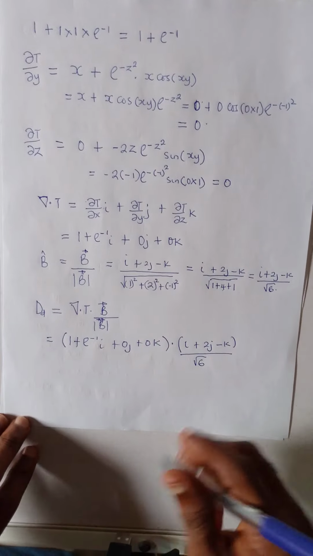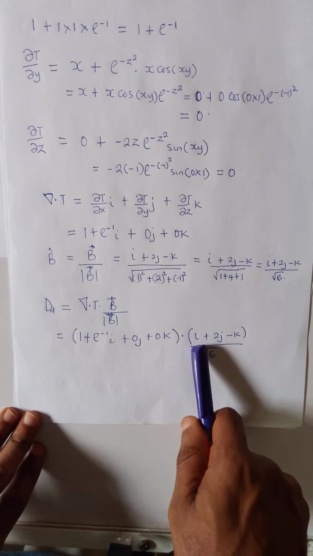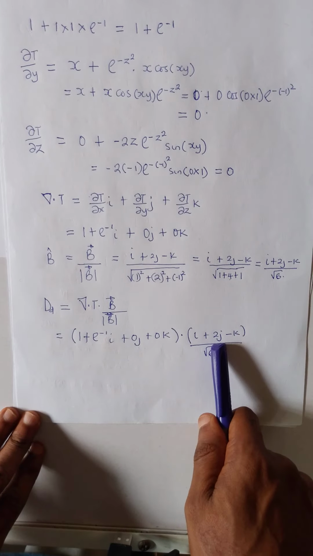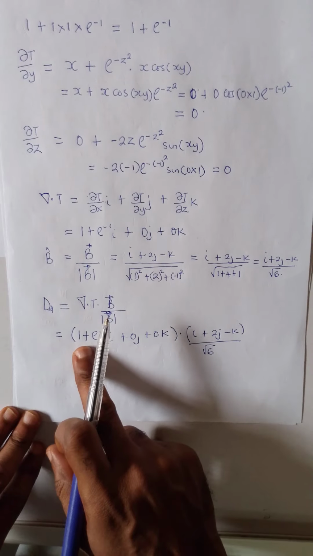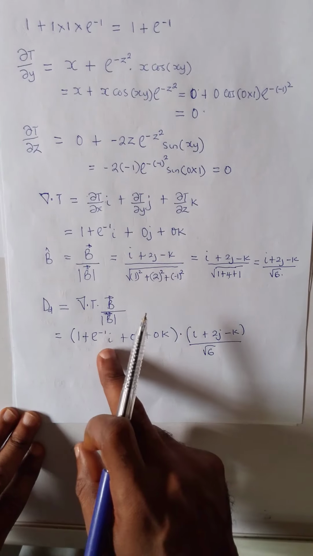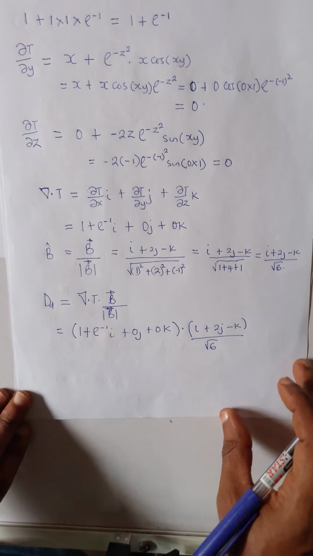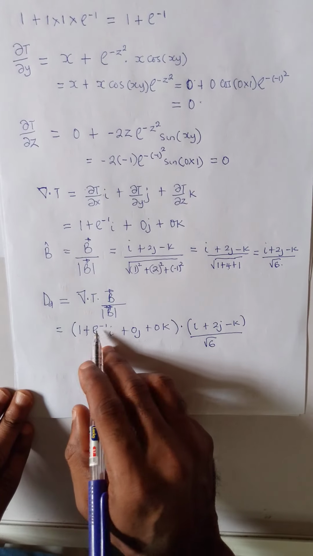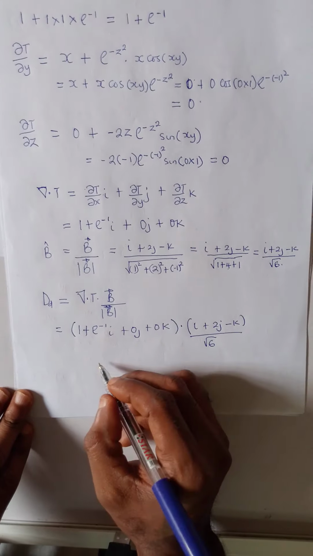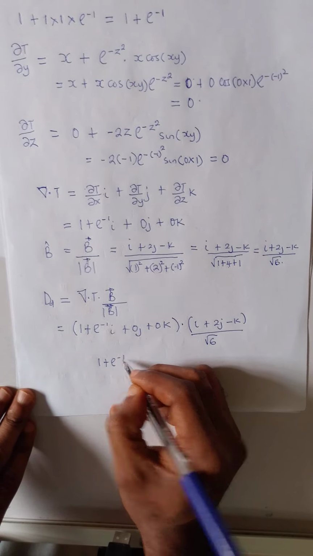Okay, so we can do it here. Now, i is going to be multiplying i, j is going to be multiplying j, and k is going to be multiplying k. The dot product of i and i is 1. So this 1 plus exponent minus 1 multiplying 1 will give us 1 plus exponent minus 1.